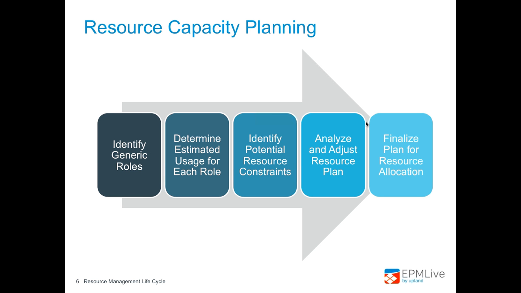A generic role would be: I need one architect, I need one developer, I need one key QA specialist. You'll need to determine the quantity of each role needed as well as the time frame. As this information is obtained and you put the structure together, you will then be ready to analyze your plan, make adjustments, and prepare for actual named assignments.